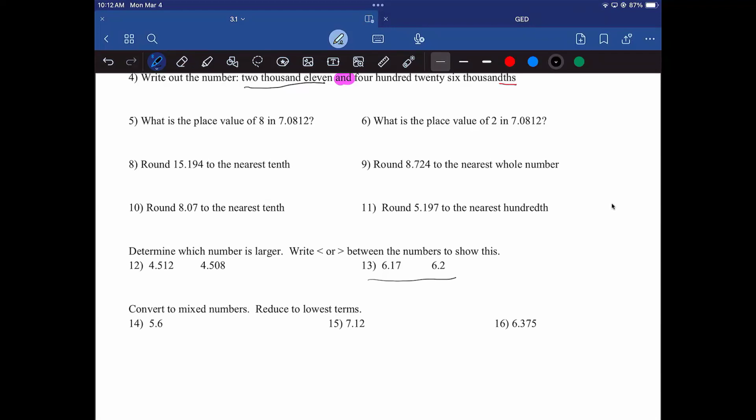So on this, I'm going to look at it and I'm going to go, okay, 4 and 4, those are the same. 5 and 5, those are the same. 1 and 0, 1 is more than 0. My alligator faces towards the one that's more.